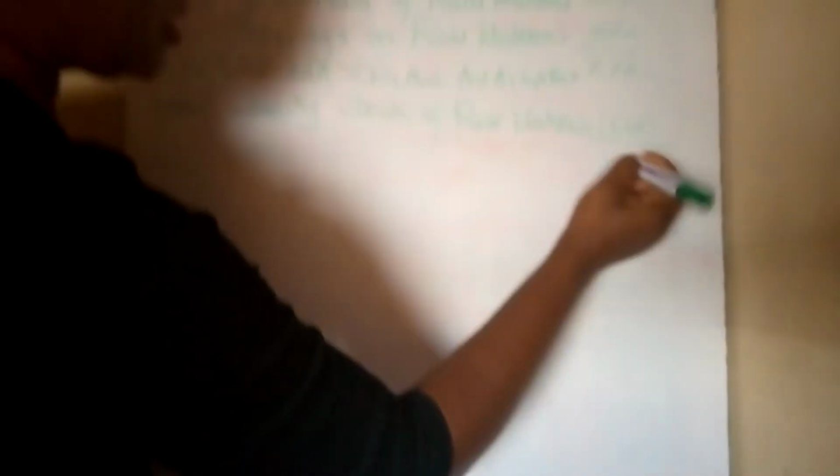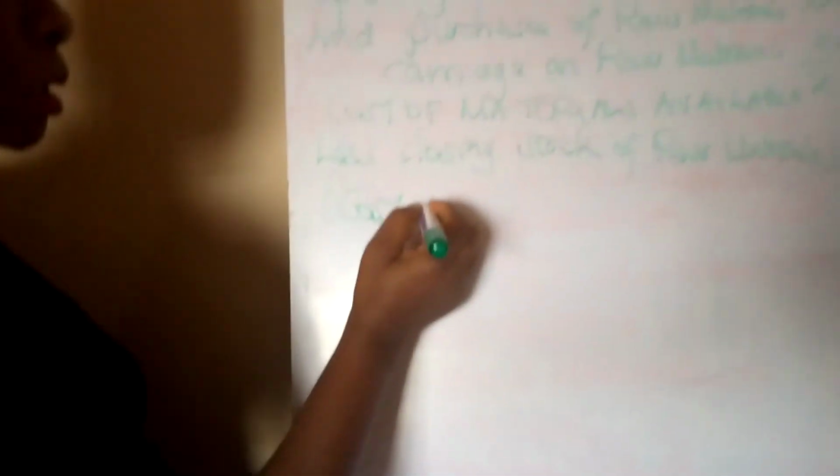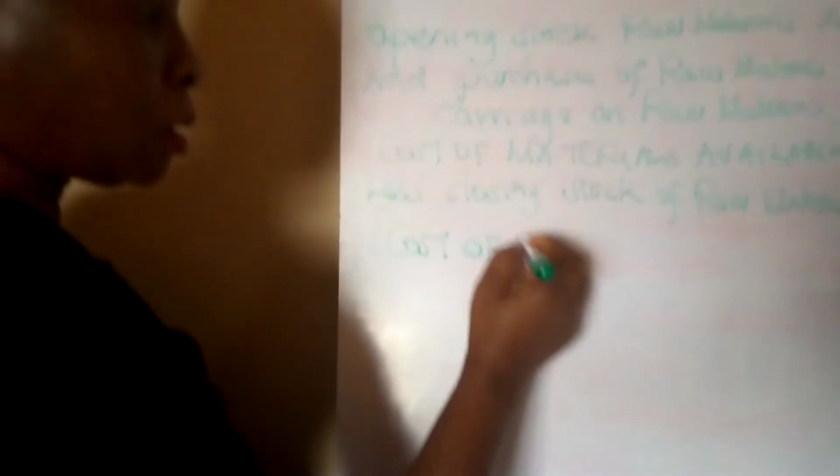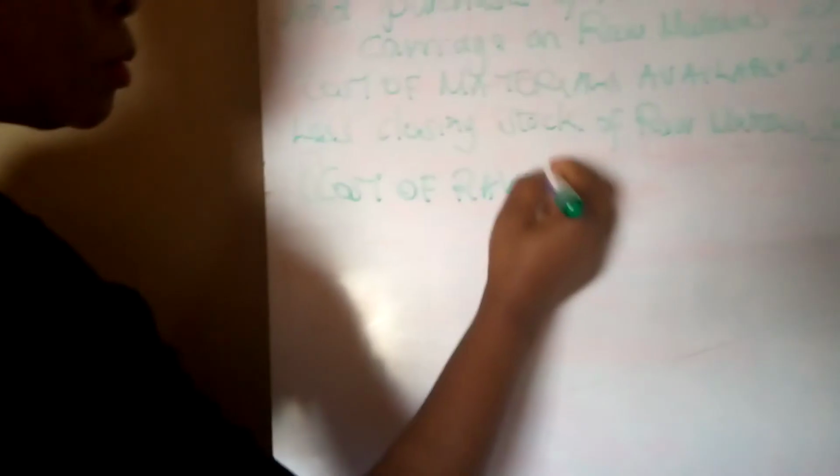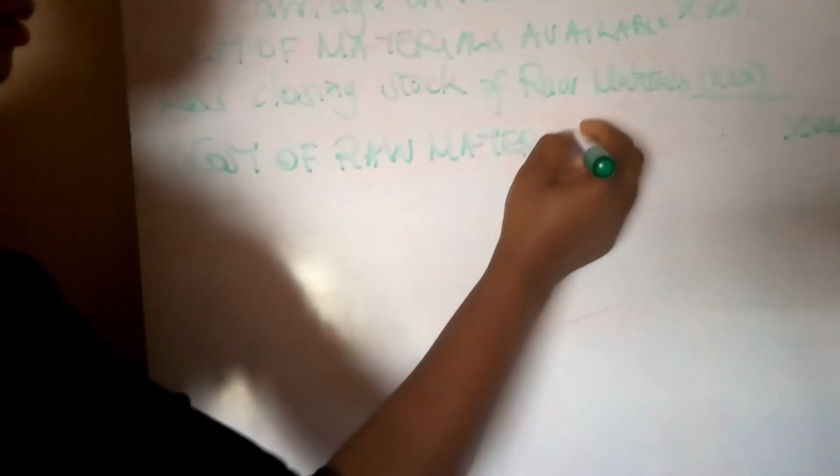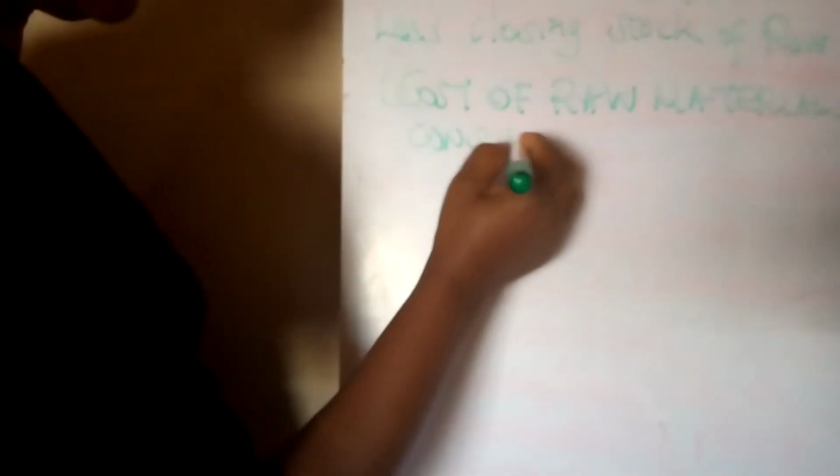Once we have subtracted the closing stock, the value we find is the materials consumed, and we transfer on the further end, which we call the cost of raw materials consumed. This is the first component of the cost of production.